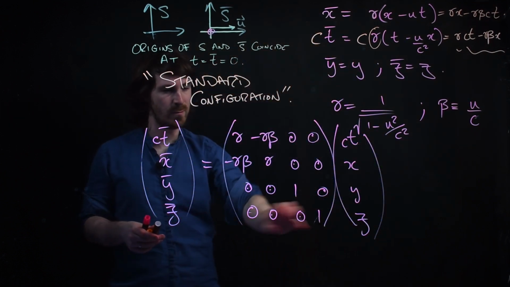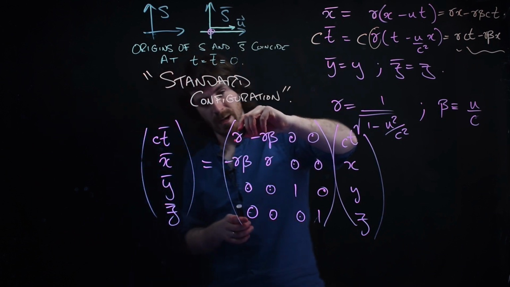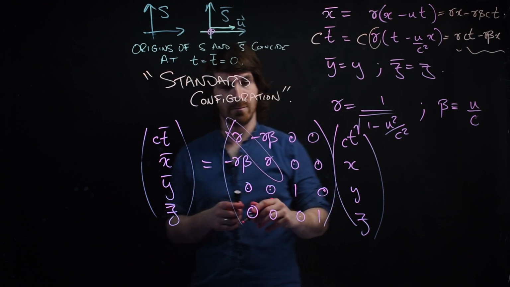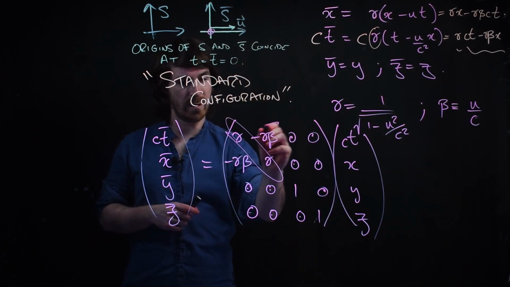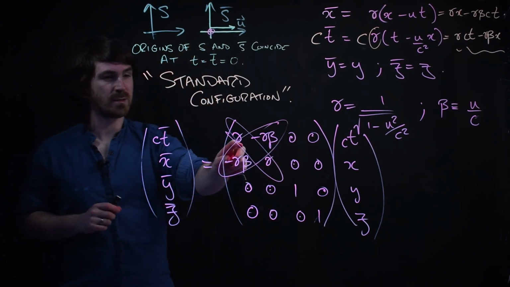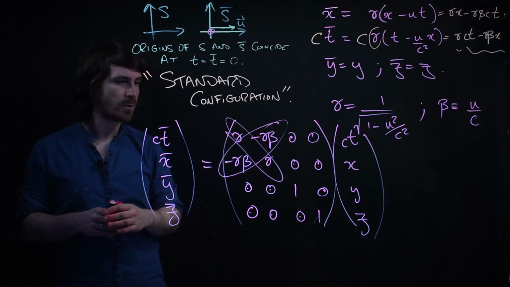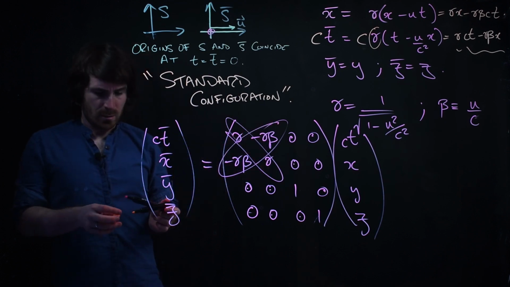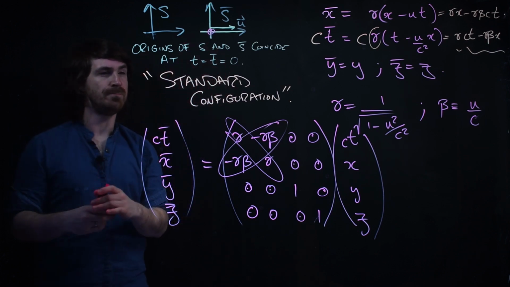Okay, so this is the way I remember it. So you only need to think about gammas along this diagonal and minus gamma beta along this diagonal. Okay, so you only need to remember two things: gamma and minus gamma beta, and remember that it's symmetrical. Okay, this is the standard configuration.